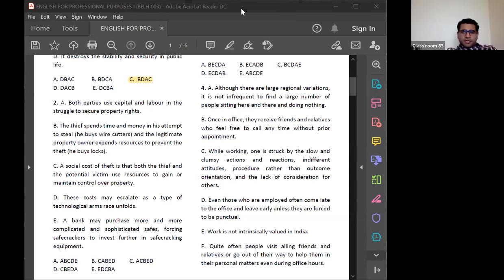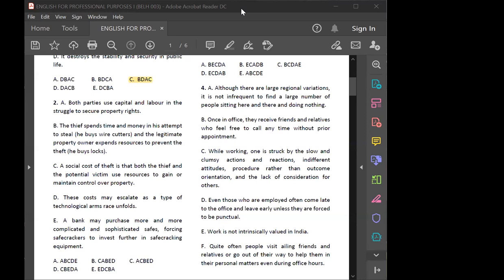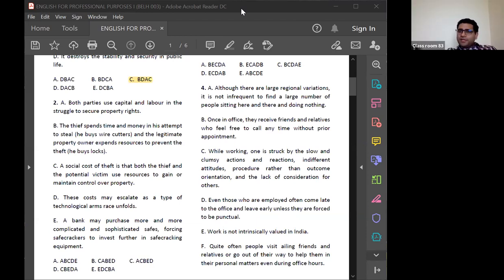Okay, Nikhil, tell me one thing. What is being referred to as the potential victim? Can you answer that? In option C, we have the thief and the potential victim, two parties, right? The potential victim refers to the owner, the property owner, the person owning any valuable property or thing. Acha. So do we have any reference to that in option E as the potential victim?